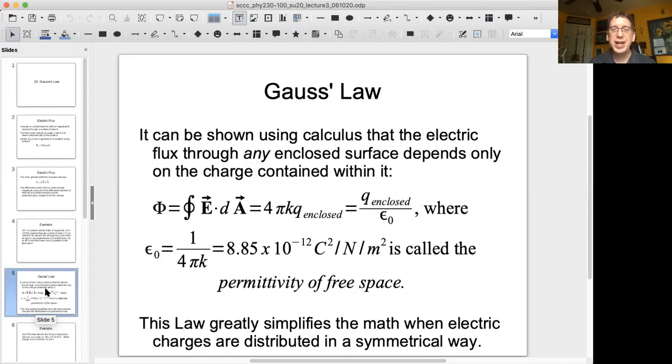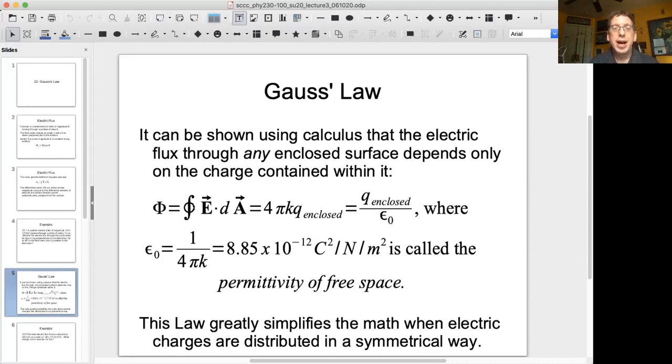So the electric flux is equal to, again, the integral. And if you notice the integral with the circle in it, that's either a closed surface or a closed loop, depending on whether it's a one-dimensional or a two-dimensional integral.